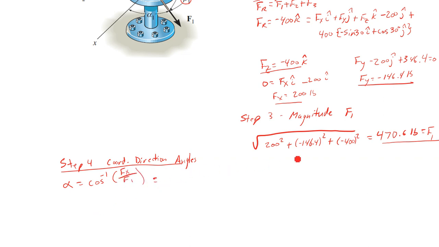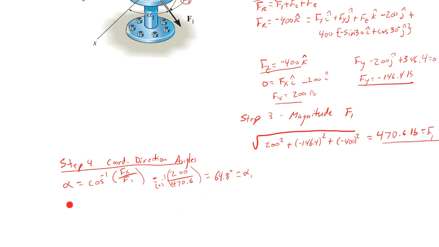So what is that going to be? It's going to be 200 over 470.6. Inverse cosine of that thing. So that equals 64.8 degrees.